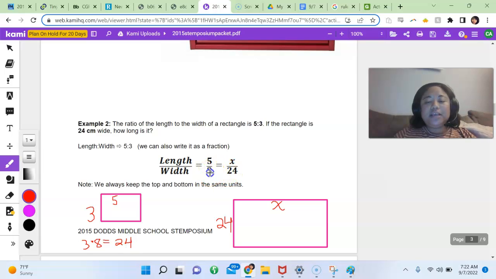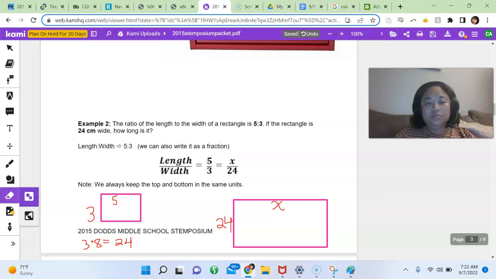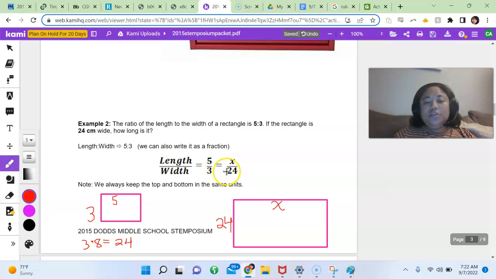So if we do 3 times 8, that gives us 24. So if I multiply 3 times 8, well, what do I have to do to the 5 to get X? What do you think I have to do?